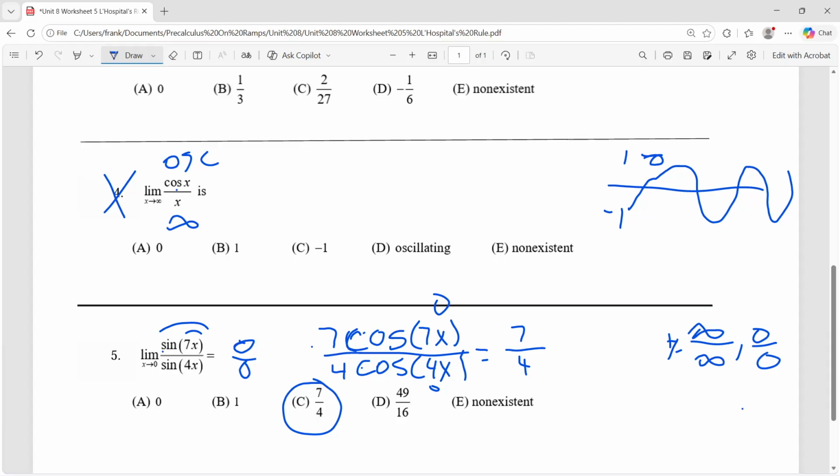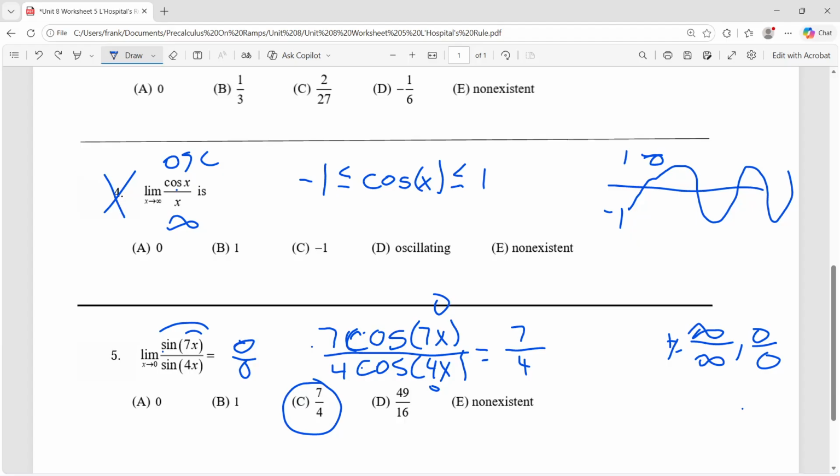What I actually have to use is the squeeze theorem, which I'll show, even though it's not part of this course. Negative 1 is less than or equal to cosine x, less than or equal to 1. Now, if I can take a limit and find the limit of this and the limit of that, and they're both the same thing, then the limit of what's between them must be the same thing.